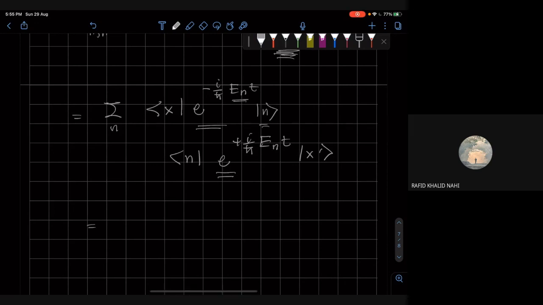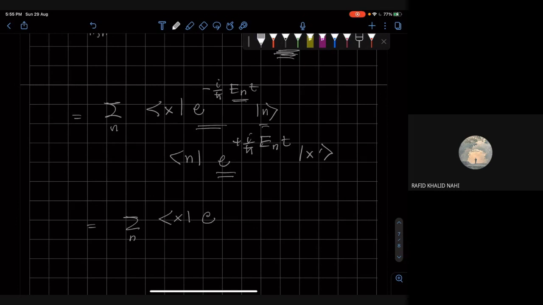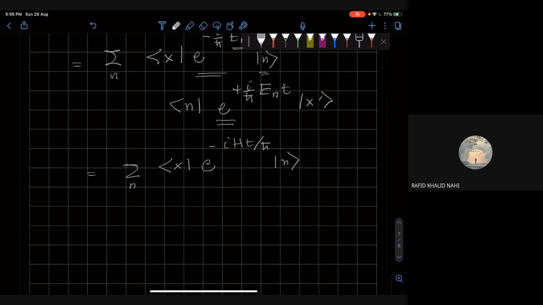So we can write that as the sum over n, x here, and the time evolution operator e to the minus i H t over h bar acting on n, and then the time evolution operator acting on the bra, e to the i H t prime over h bar, x prime.